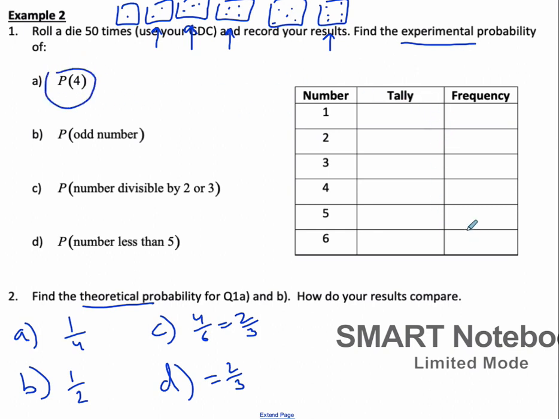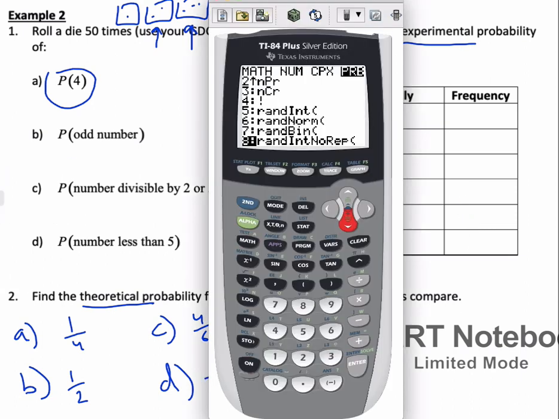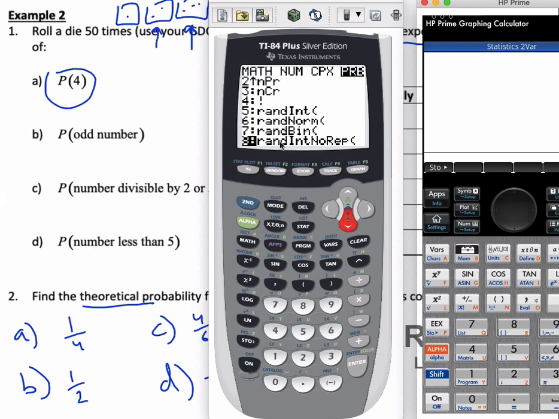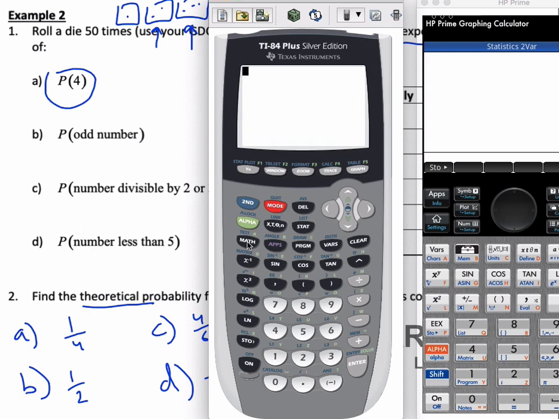To do this experiment, you can obviously roll a die yourself. I'm going to show you how to do it on your calculator as well. On the TI-84, you can go to Math, go over to Probability at the top. Random integer is number 5.